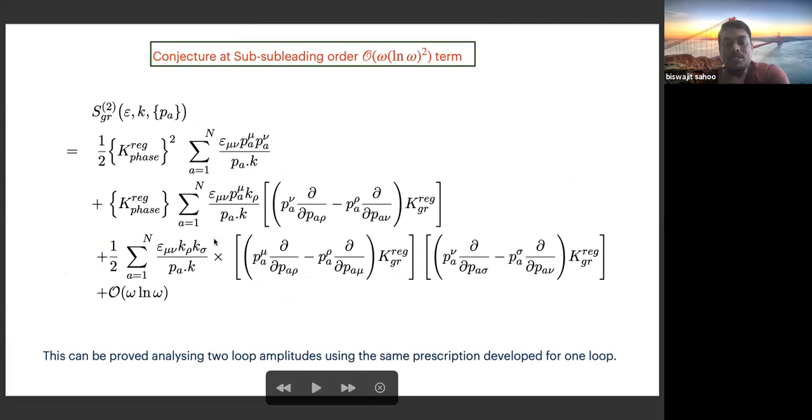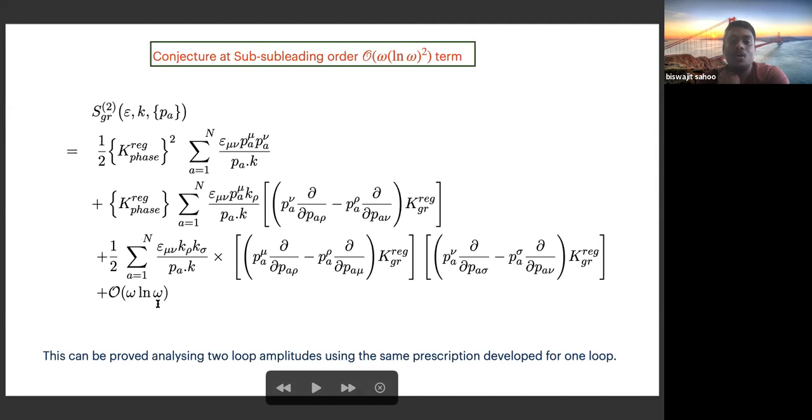If we assume the sub-subleading soft graviton factor, which we know from higher dimensions or tree level in d equal to 4, and generalize this idea of exponentiating the K phase and KGR, we can conjecture what it looks like. You can see this is the phase squared times the leading soft factor, because the phase term goes like omega log omega. So this is omega log omega squared times 1 over omega, so it goes like omega log omega squared at the leading non-analytic order.